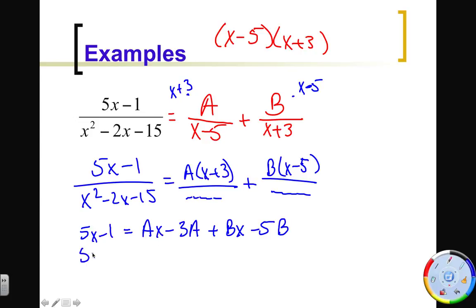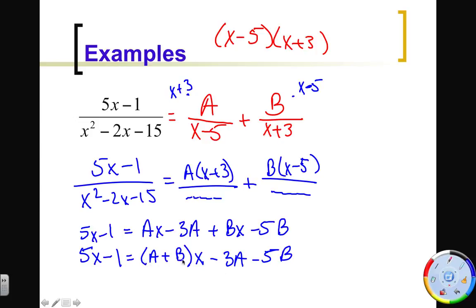Here's what you do. You put all your x terms together and all your constant terms together. So here I have an Ax plus a Bx, which means I have (A plus B)x. And then I get a minus 3A and a minus 5B. Now, it's a process to figure out what goes with what.